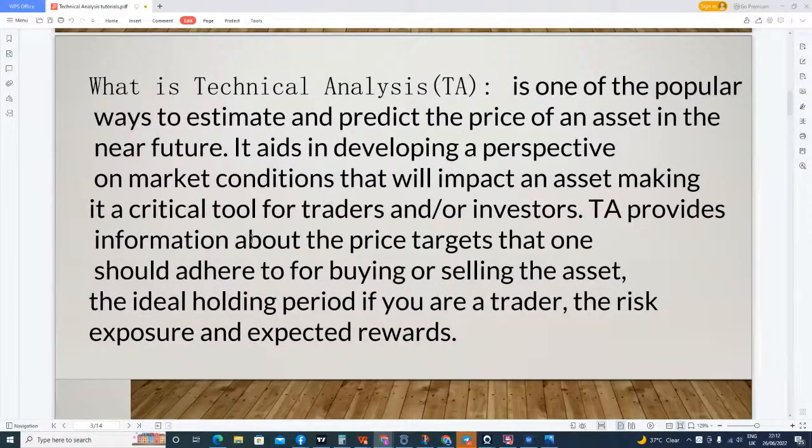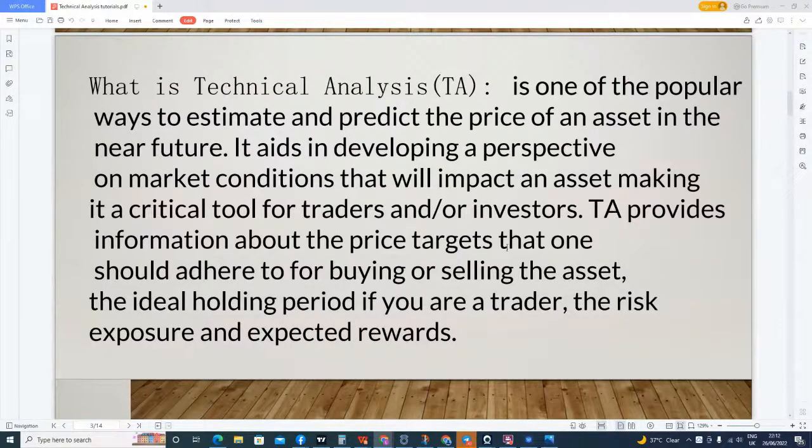So here on my screen, you can see the definition of technical analysis: it is one of the popular ways to estimate and predict the price of an asset in the near future. It aids in developing a perspective on market conditions that will impact an asset, making it critical for traders and investors.